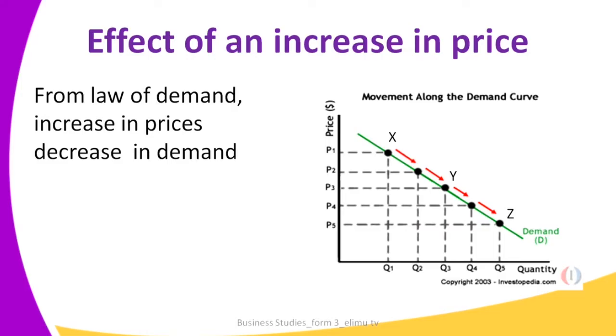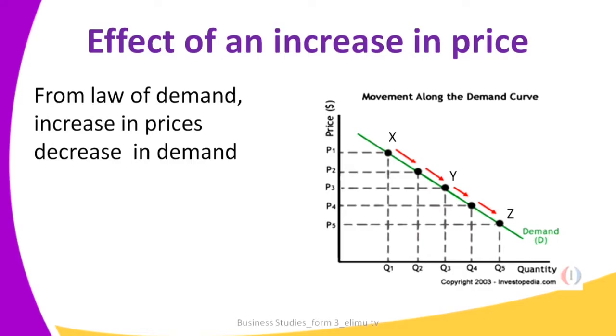If price increases from P3 to P1, there is a decrease in quantity demanded from Q3 to Q1. And there is a movement along the demand curve from point Y to point X. That is what we mean by movement along the demand curve. You can see the demand curve is not changing its position. What is happening is that there is a change of points from point Y to point E to point X. That is due to the increase in prices.